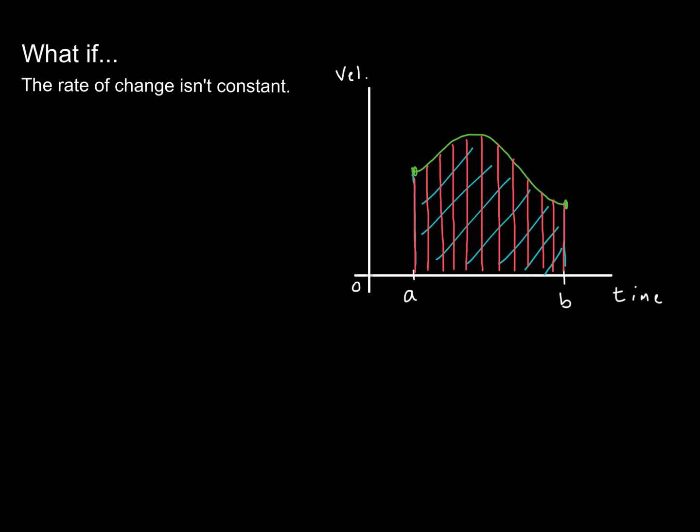And now I want you to imagine that each of these strips are really, really small, meaning that their width is very, very small. So it takes up a very, very small chunk of time. In fact, you could almost imagine that each strip represents an instant in time. What will the area of each strip be? Well, the area of each strip will be the height times the width.